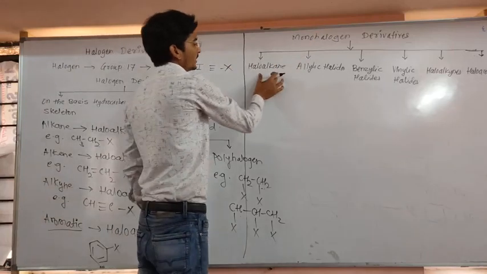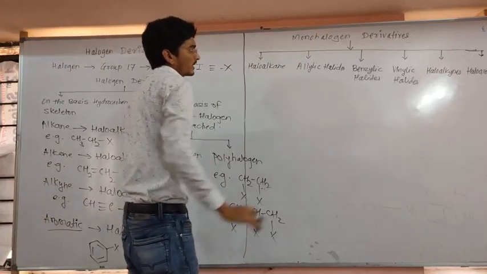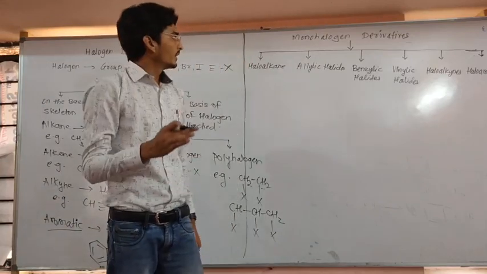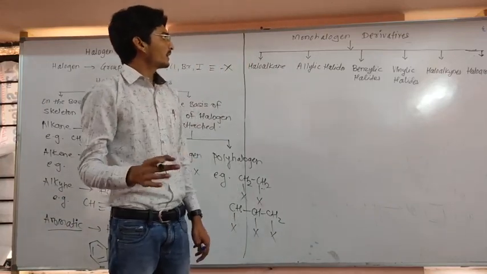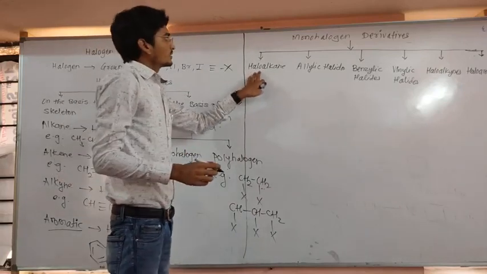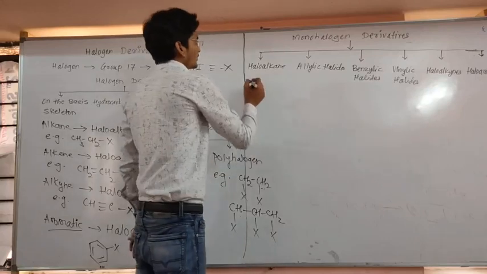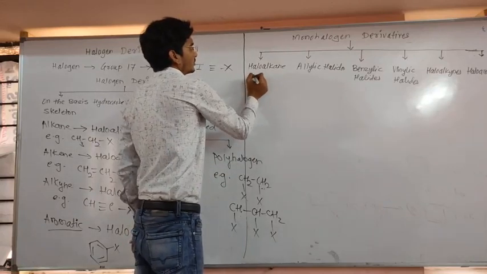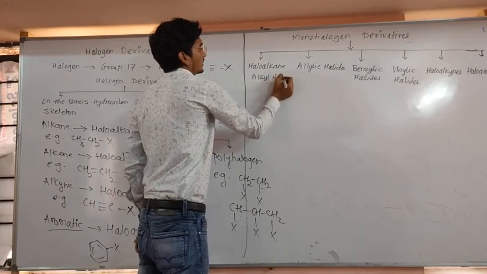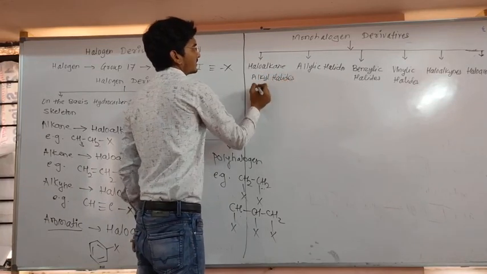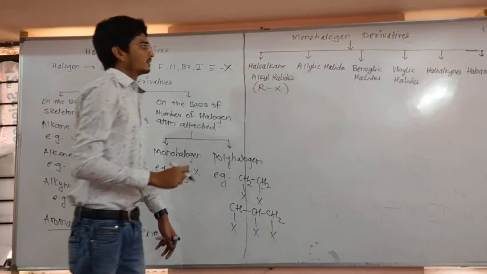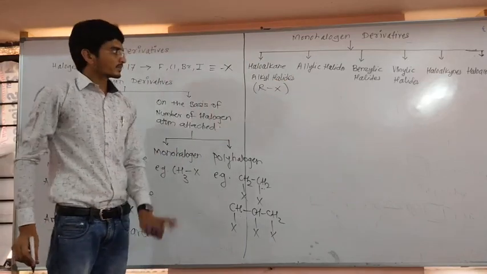Okay, so first one, haloalkanes. So what is meant by haloalkanes? When one hydrogen atom of an alkane is replaced by one halogen atom, then it is called a haloalkane, or it is called the monohalogen derivative. Sometimes haloalkane is also called alkyl halides, and alkyl halides are represented by the general formula RX.